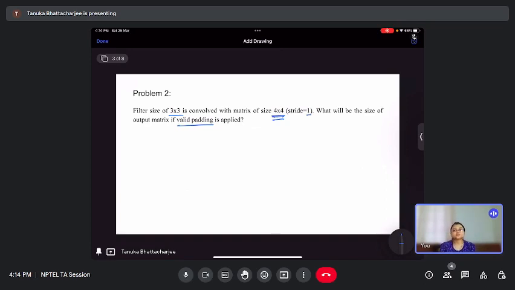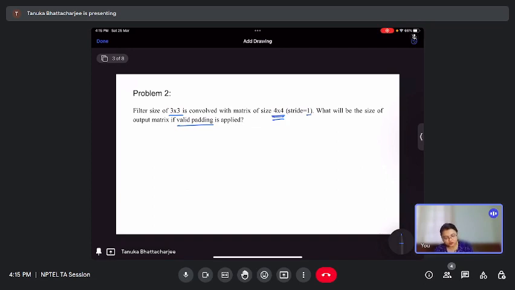But if you specify it as valid, then basically no padding is done. So your convoluted matrix will be smaller along each of the dimensions as compared to the initial matrix. Since the size is reducing and there is no padding involved, you specify it as valid padding. In this case also, like the previous one, we can compute the size of the output matrix.